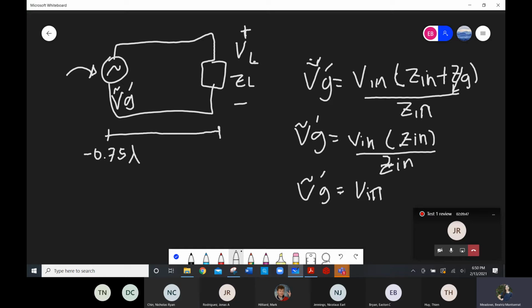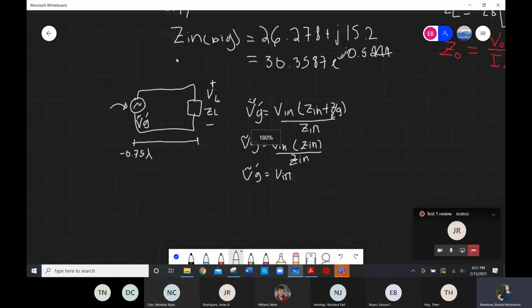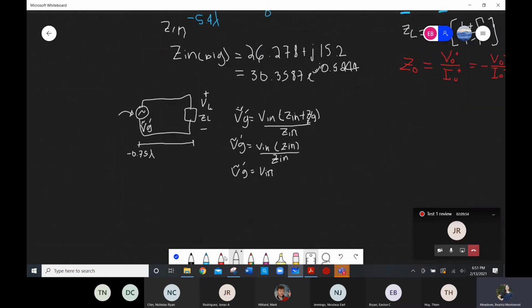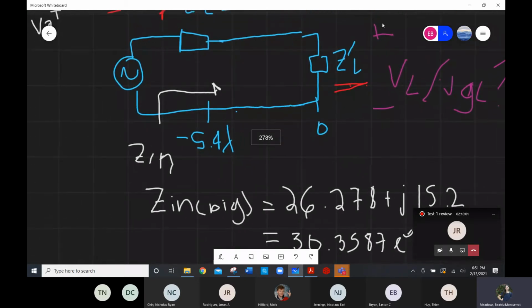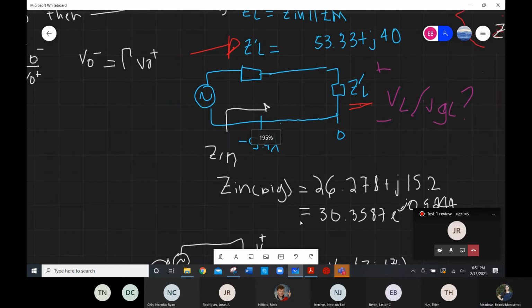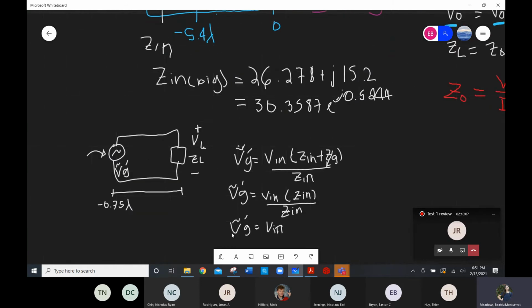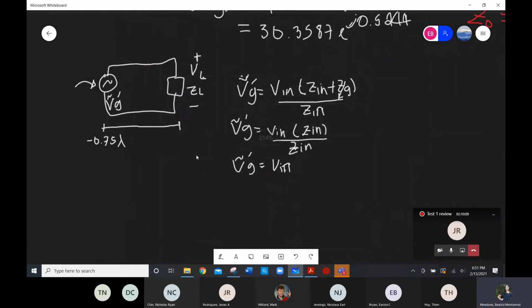Okay, so all I need to do is find V in because V in is VG prime, which will then be my load for my big transmission line, which is my goal, right? Come back here. This is what I want to accomplish. So if we just find this V in, we're golden, okay?